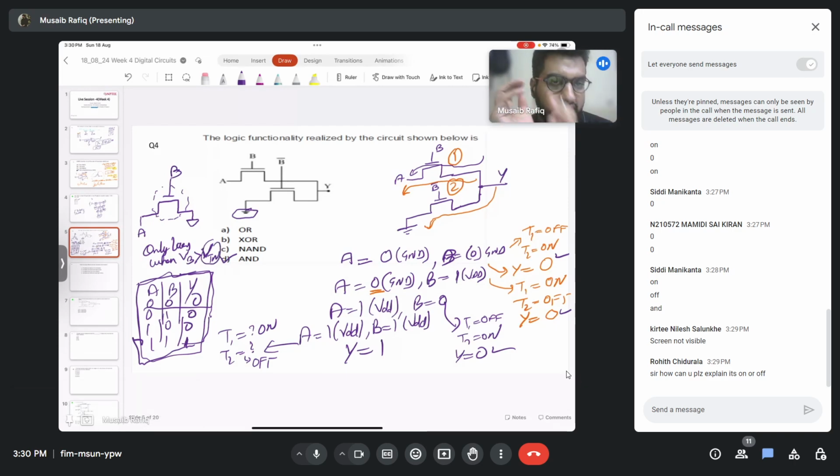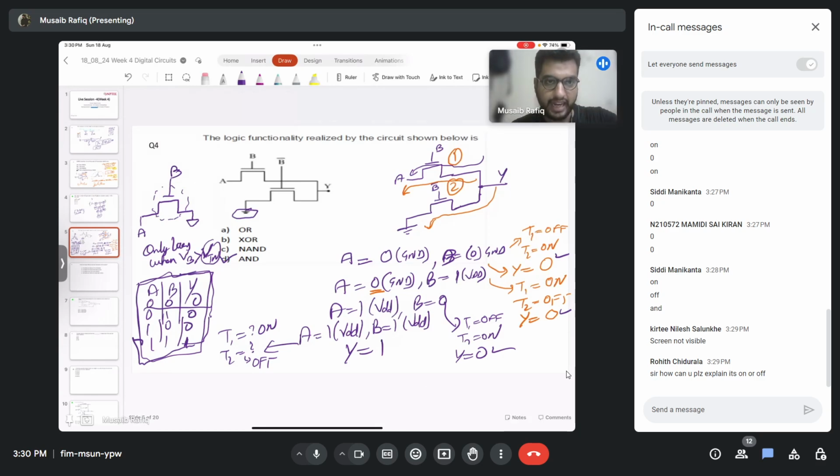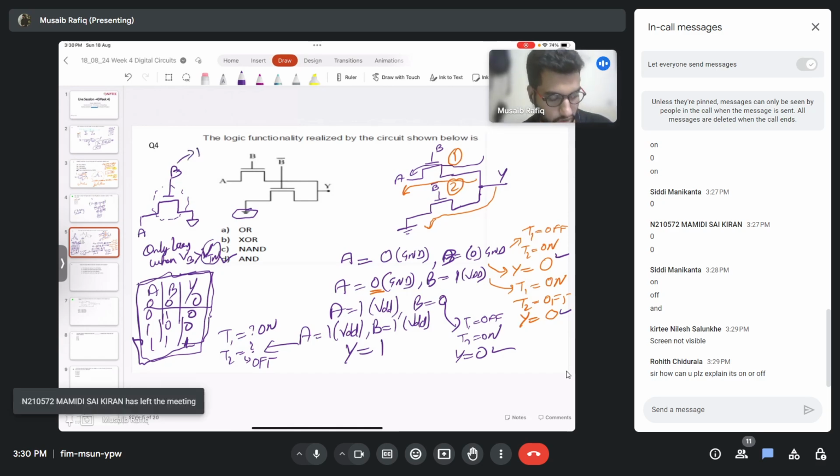Just for simplicity, remember there are other concepts involved, but in digital it will turn on when input at the gate is greater than the threshold voltage, which you can just say is equal to high voltage. High voltage corresponds to logic 1 or VDD here, and it will be off when it's 0, that is connected to ground.